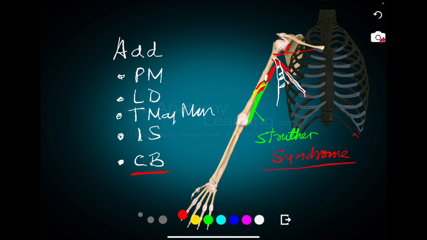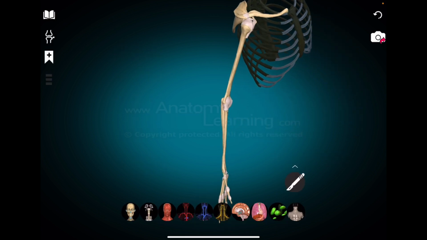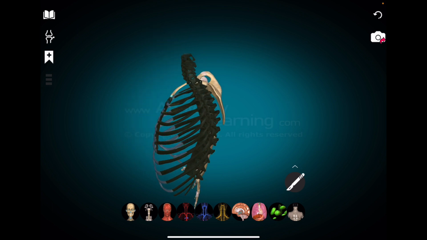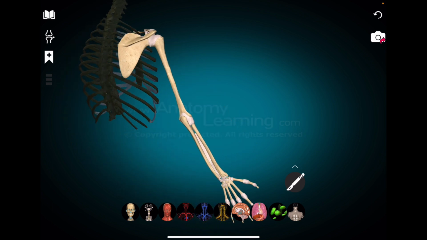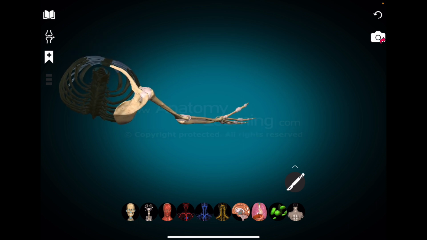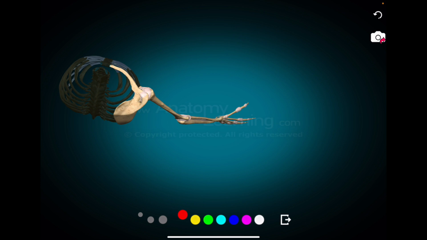So we've covered the adductor and the abductor. Now all the muscles that are attached to the lesser tuberosity and the bicipital groove will turn it like this, rotate it internally.